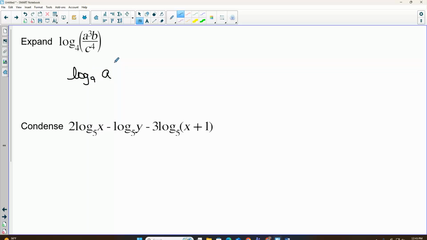Where do we put exponents? In the front. Good. Okay, it was multiplied, so we add log base 4 of b. Divided by, so we subtract log base 4 of c to the fourth power. Where do you take the fourth power? In the front.